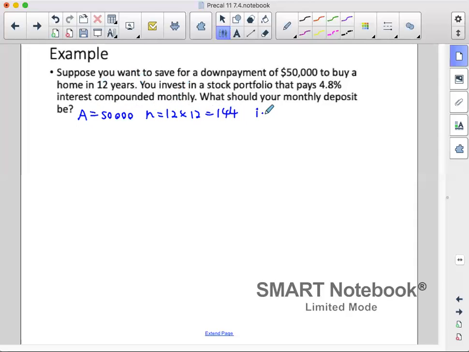We have our interest rate is 4.8%, which is 0.048 divided by 12, which is 0.004.